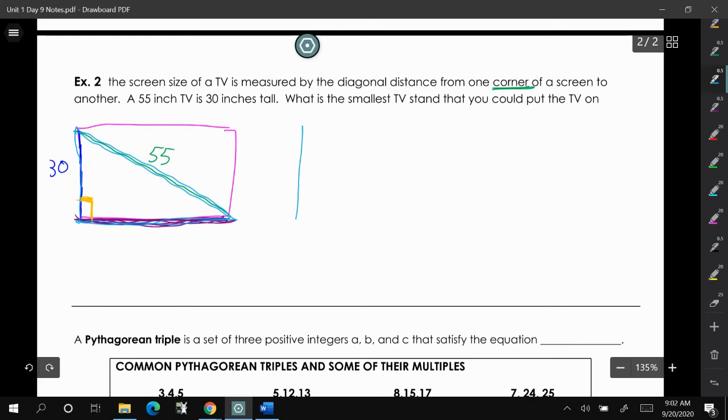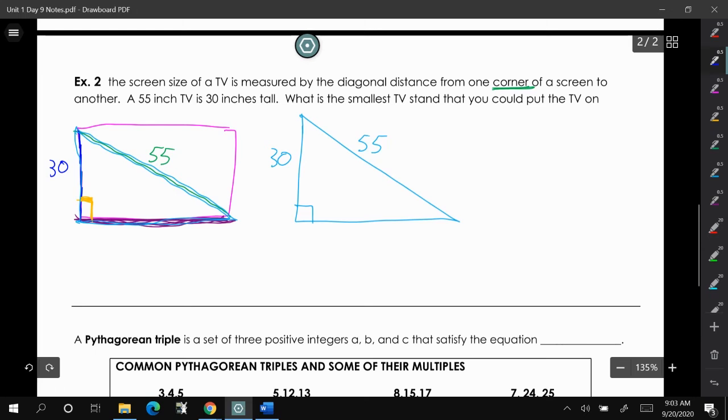So I'm going to draw just that part separately, where the diagonal is 55. Okay, so this is our box, or our right angle. This side that's 55 inches does not touch, so this is a hypotenuse.